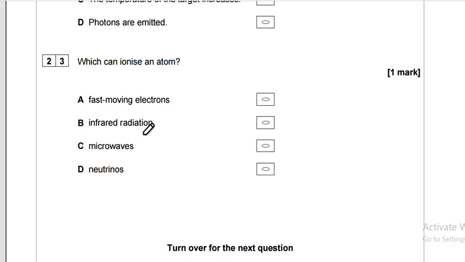It follows the infrared on the electromagnetic spectrum in the direction of increasing wavelengths or decreasing frequency and energy. A neutrino is not charged, this is first, and it cannot cause ionization.